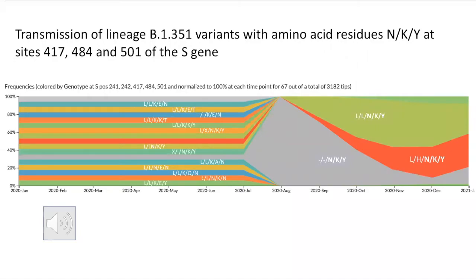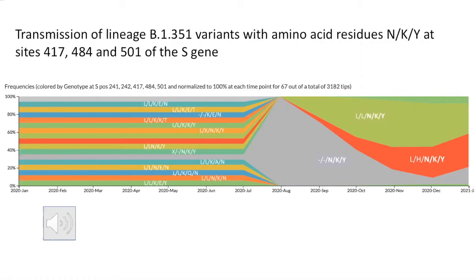I've included this last slide to show the transmission of the variants in South Africa that have the mutations in the 501 site, as well as mutations in the 417 and 484 sites. And we can see when we're looking at this rate of transmission that virus types that have a specific NKY type for sites 417, 484 and 501 have spread and become the dominant forms within South Africa.